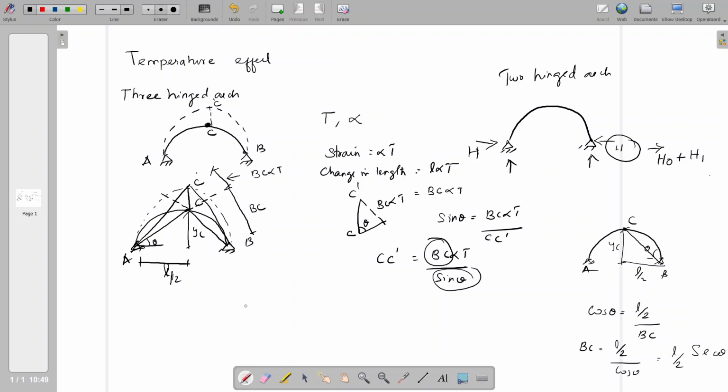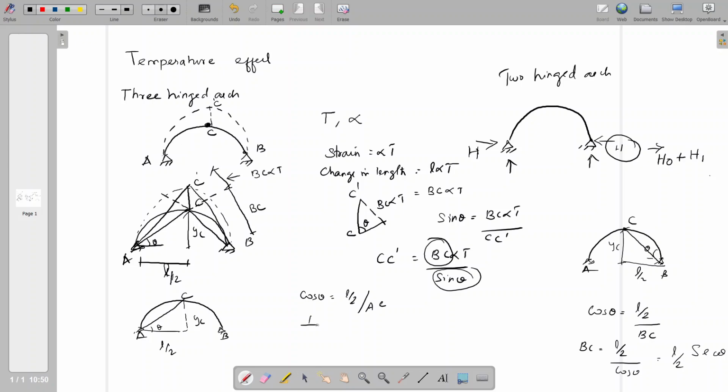From the left side portion A to C, if it is theta, with YC and L by 2, here it is AC. We can write cos theta equal to L by 2 by AC.